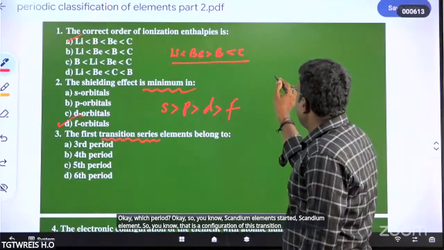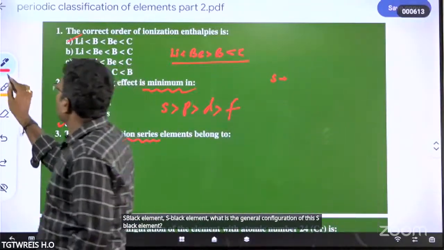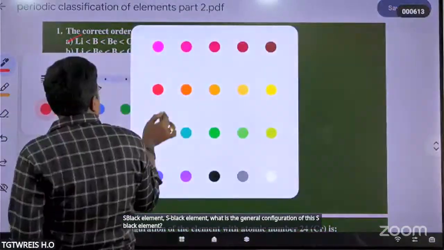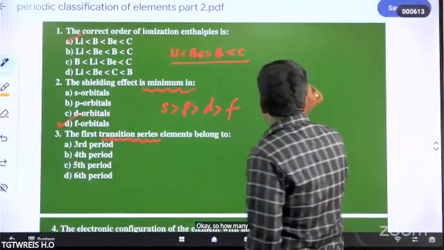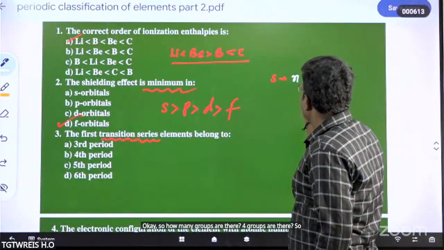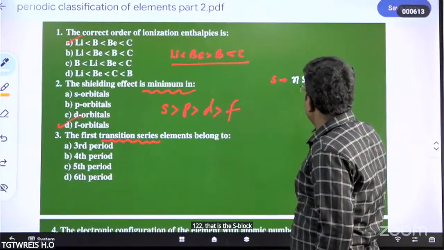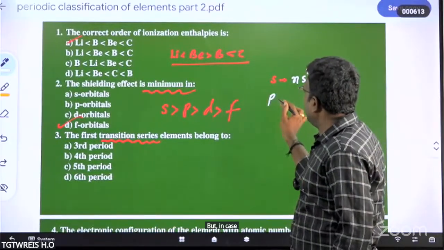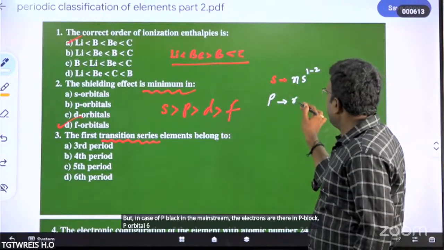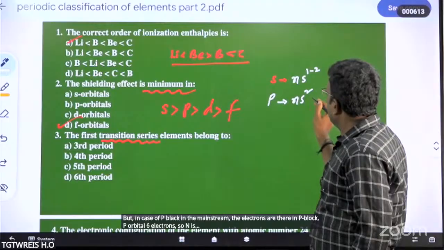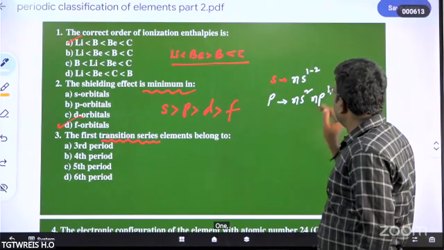In the S block elements, what is the general configuration? In the S block, two groups are there, so the general configuration is ns1 to 2. In the case of P block elements, the P orbital can have 6 electrons, so ns2 np1 to 6 is present.